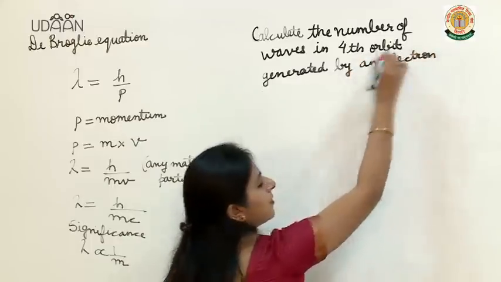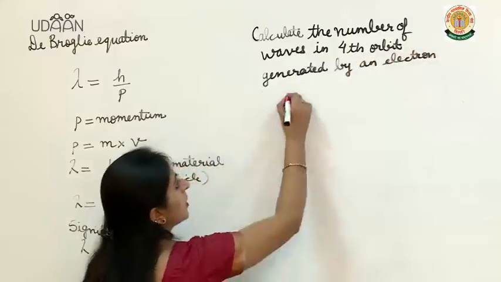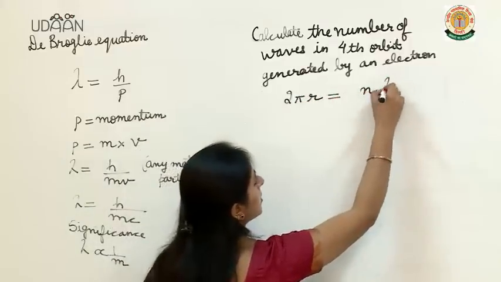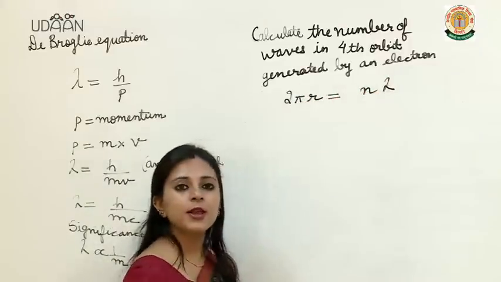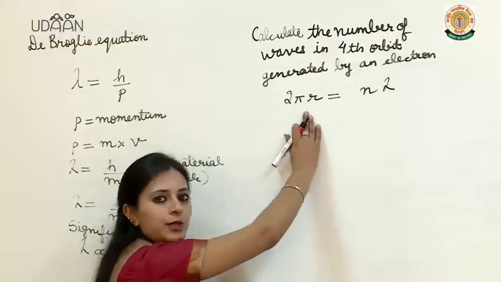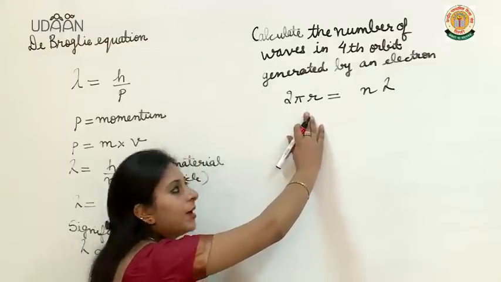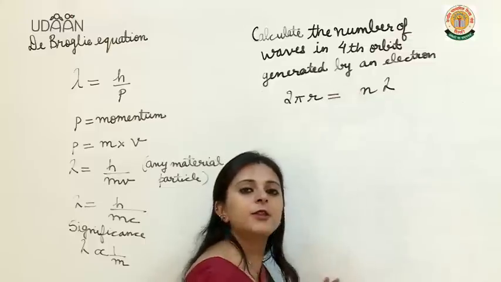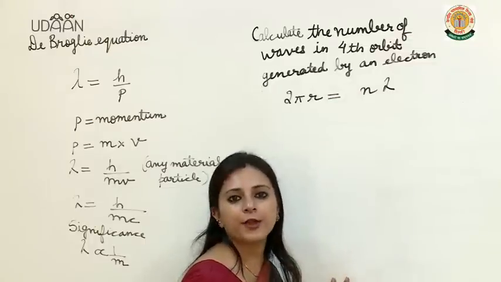Now what will I say? That 2 pi r is equal to n lambda. What does this mean? The circumference of the orbit in which the electron is moving is an integral multiple of the wavelength with which the electron is moving.